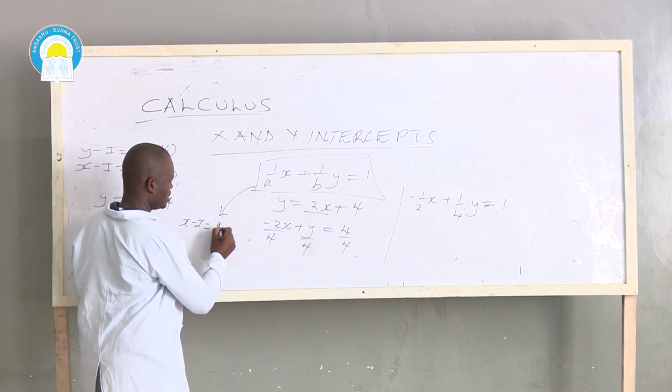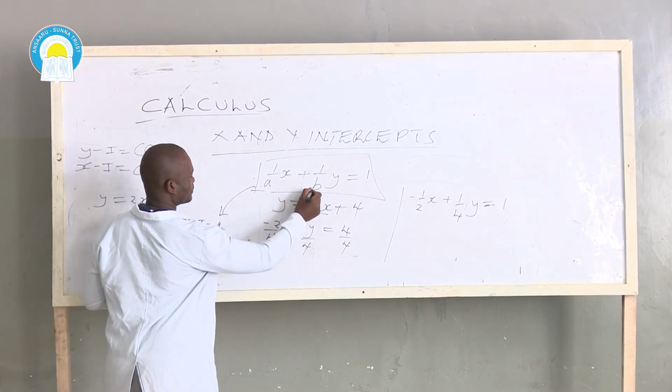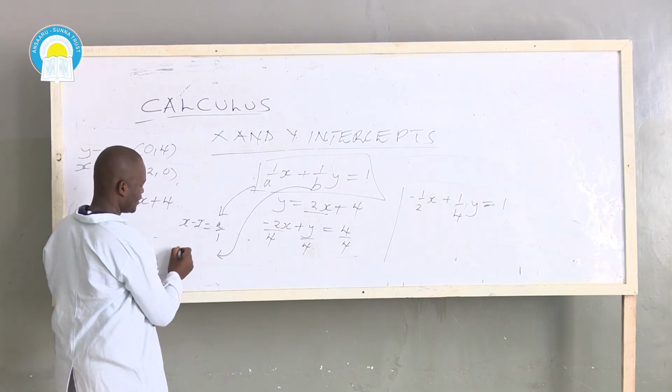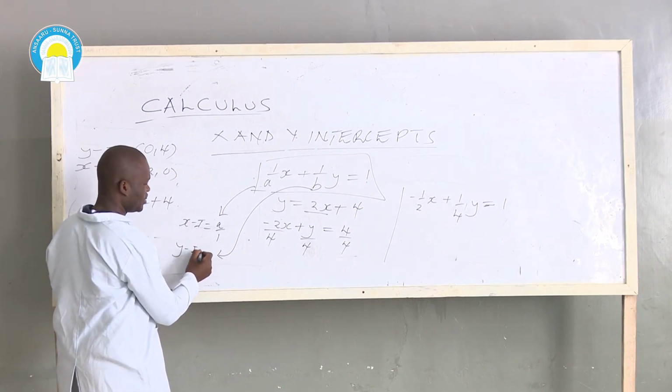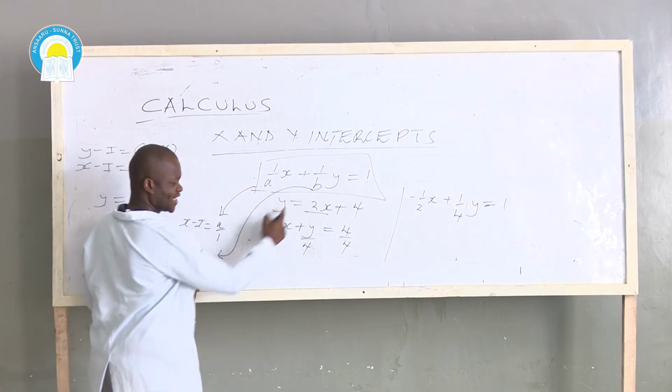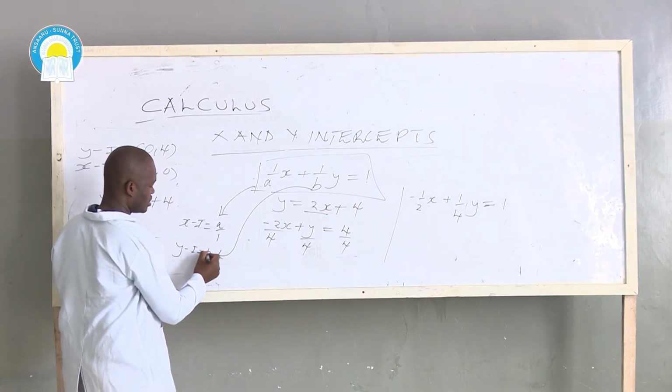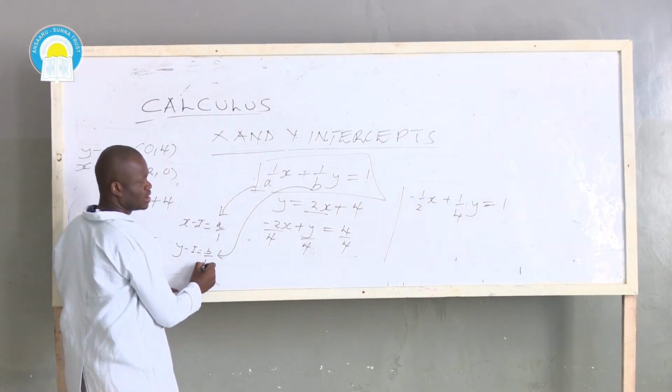What shall we have? A over 1. And then the y-intercept will be the reciprocal of the coefficient of y, which will be b over 1.